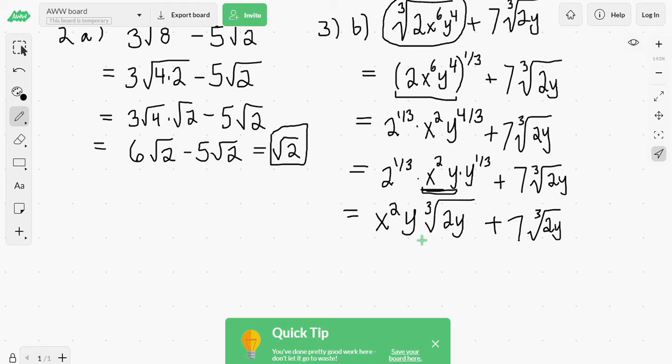And now we've got this cube root of 2y term in common. So we can factor that out. The cube root of 2y times x squared y plus 7.